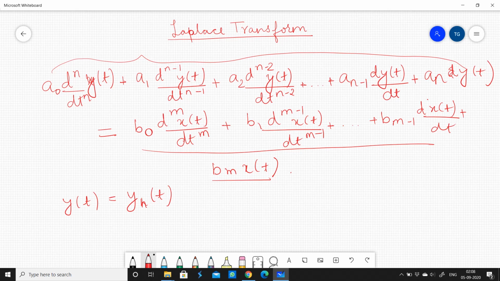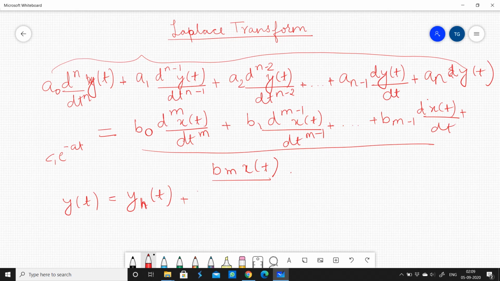From the roots, if they are real roots, then we have a form c1 e^(-at), or if it is a repeated root, then we have another form. If it is complex conjugate roots, then we have another form.